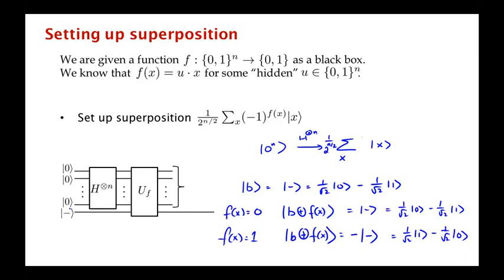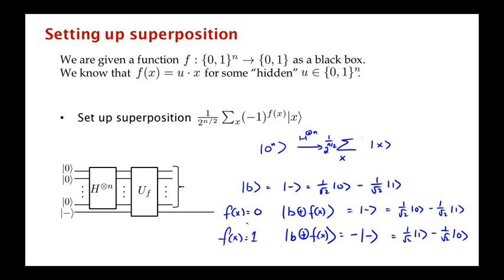We set up the answer bit as a minus, and then we are running the circuit for computing f. So remember, the input to the circuit is a superposition over all x.